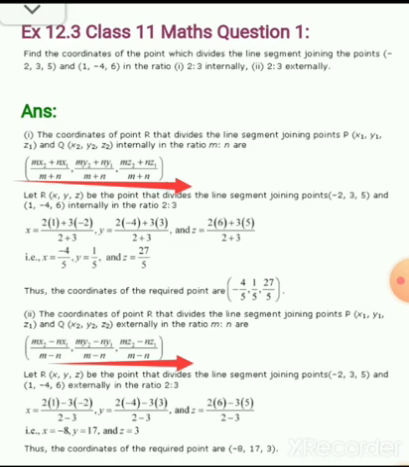You will get the x coordinate as mx2 minus nx1 divided by m minus n, next my2 minus ny1 divided by m minus n, and mz2 minus nz1 divided by m minus n. So you will get the values, first coordinate, second coordinate, third coordinate. So this is the required result.